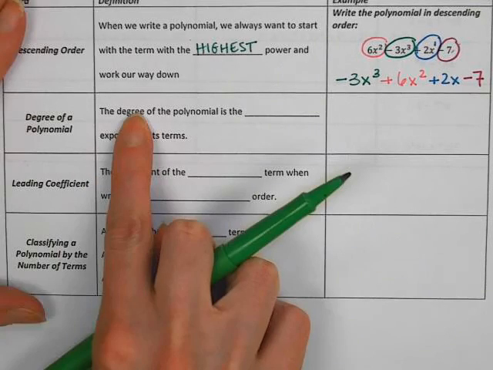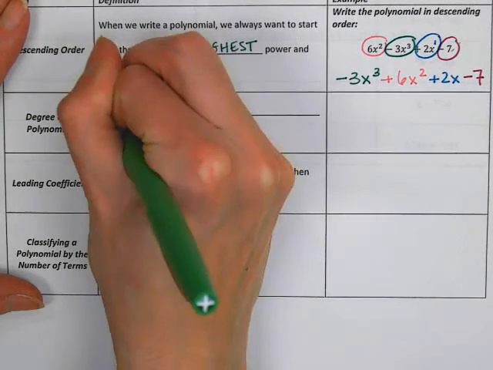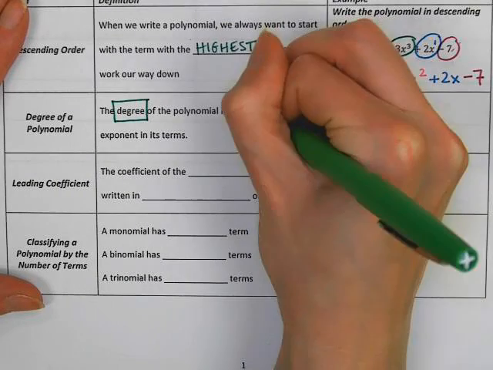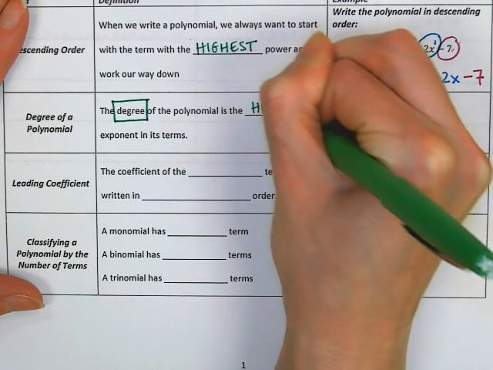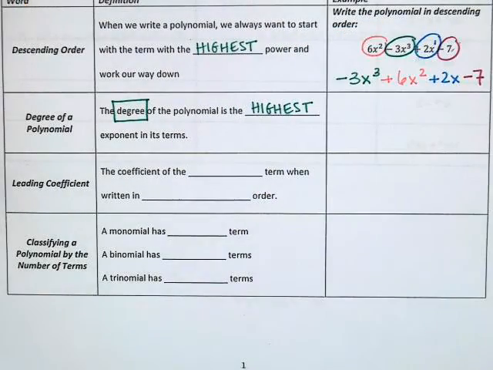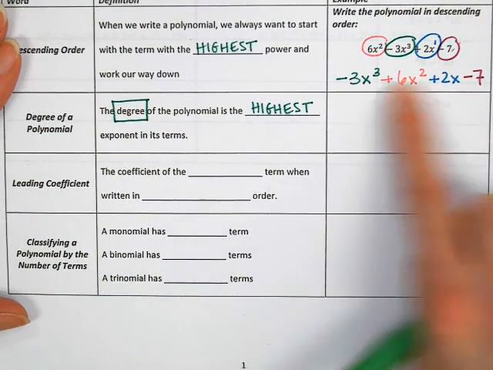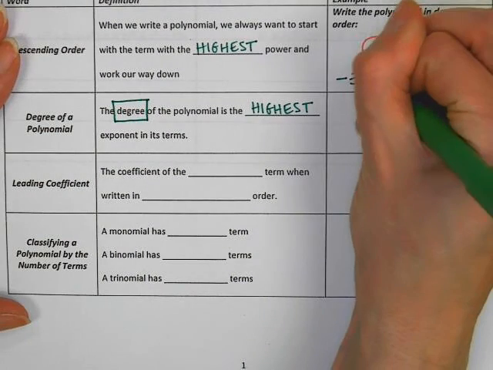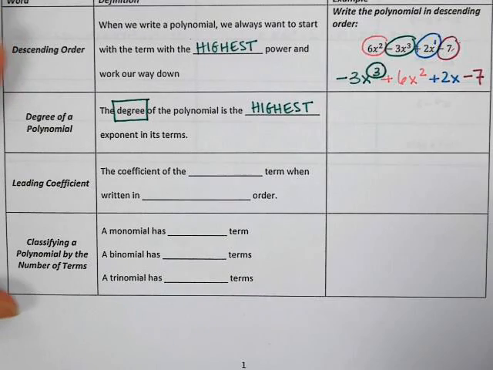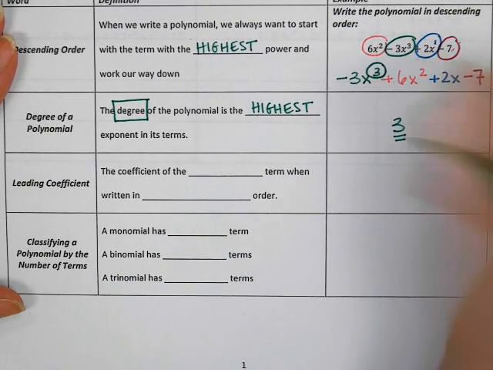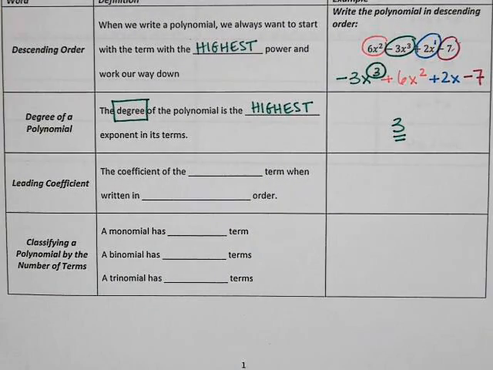New vocab: the degree of a polynomial is the highest exponent. So what is the biggest exponent? If it's in descending order, you just look at the very first one, that should be the biggest, and that's called the degree. So this polynomial has degree 3. It's the highest one.